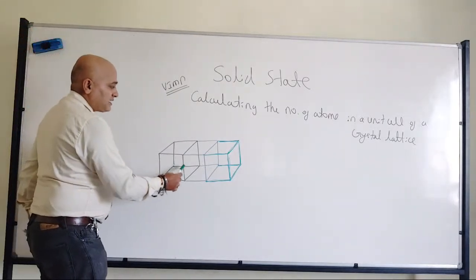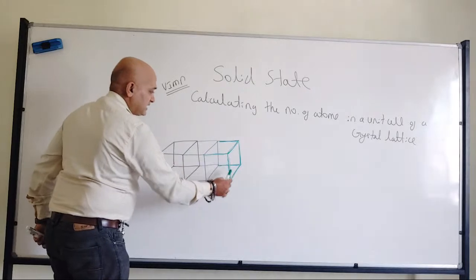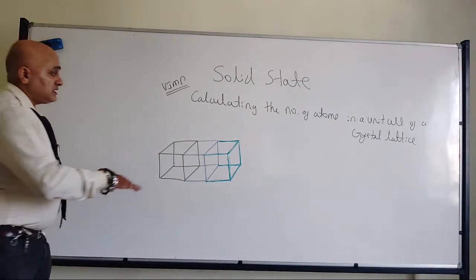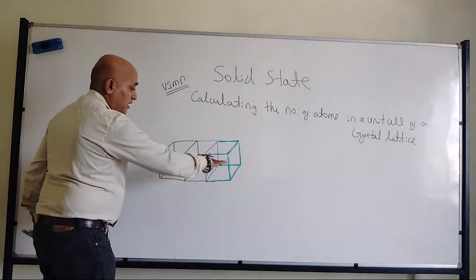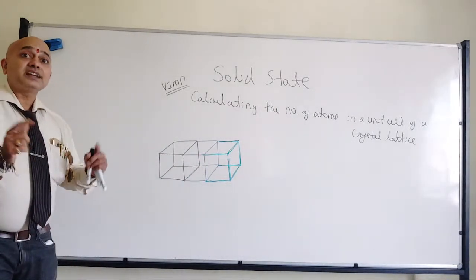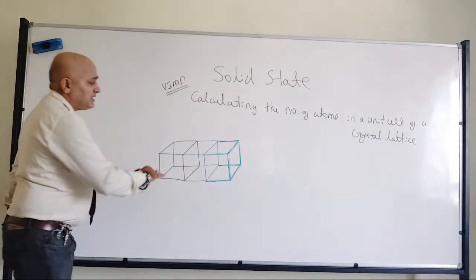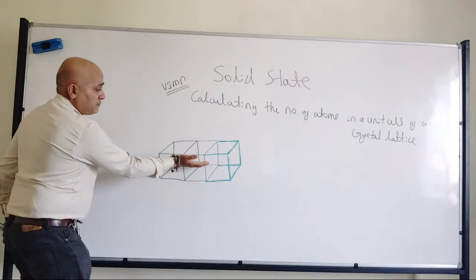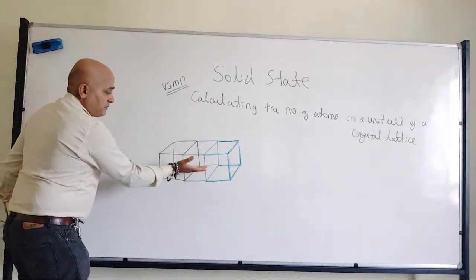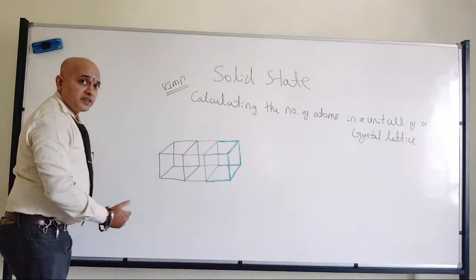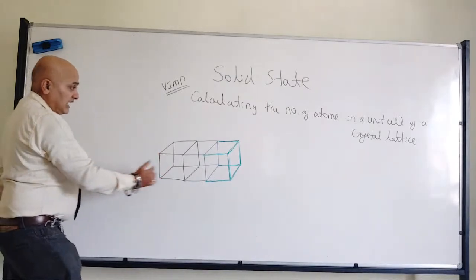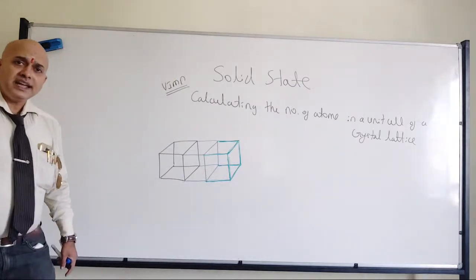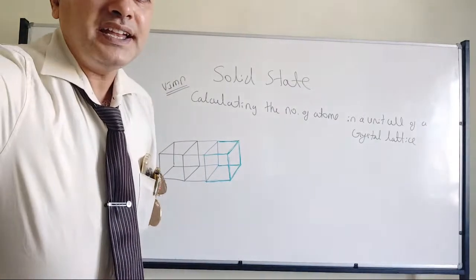One is in black, one is in blue, and another one is in green. Now you should imagine this is one level of structure in a crystal lattice. Same thing will be there on the top, same thing will be there on the bottom, same thing will continue on this side, and the same thing will continue on the other side. All of you will agree? All of you are understanding?